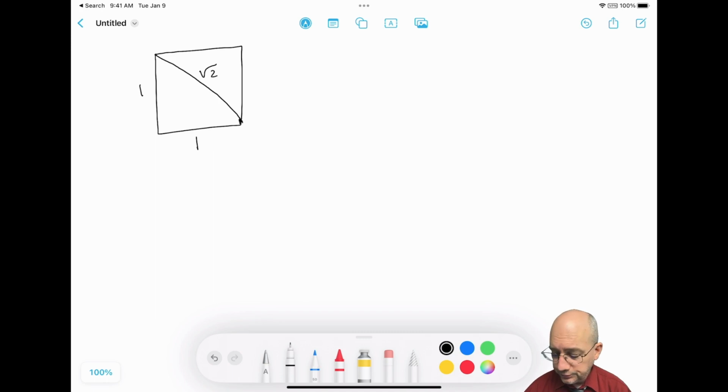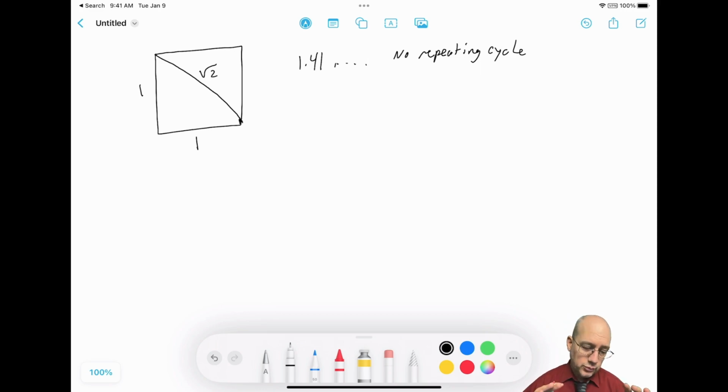and what you end up with is the square root of 2. Now, of course, square root of 2 is a number that kind of goes on forever, and no repeating cycle. Right? So you can't represent the square root of 2 in terms of a decimal with it completely specified.